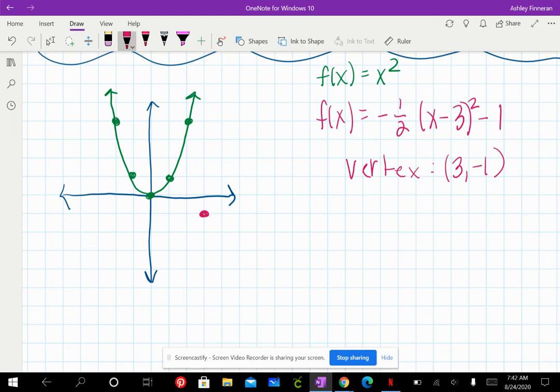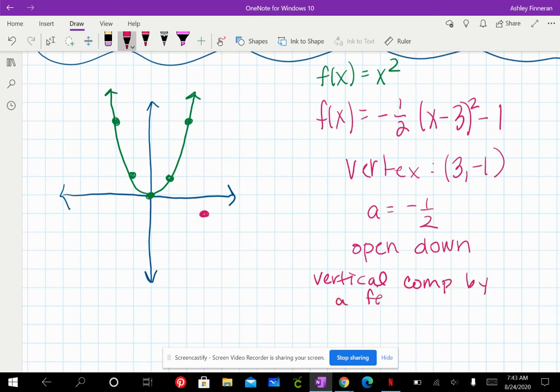And then I'm going to use my a value to go from there. The reason I stress so much information about the a value when we were talking about standard form is that's what I use to graph. So I know that this function will open down because a is negative. And I know that the vertical compression factor is 1/2.